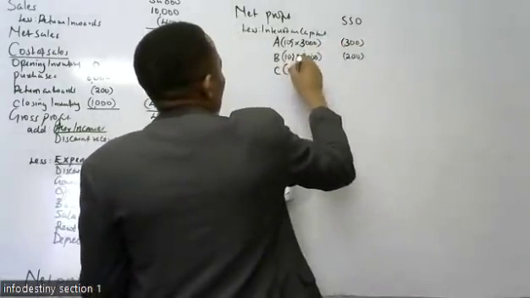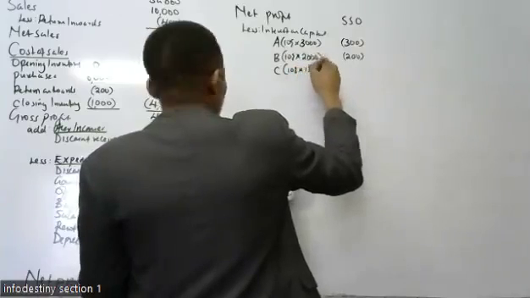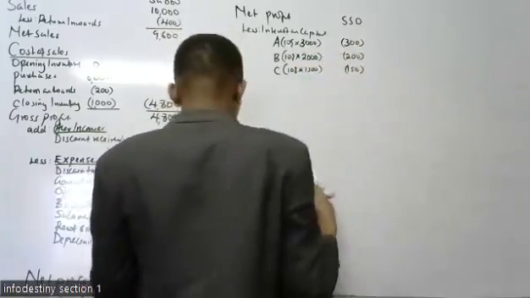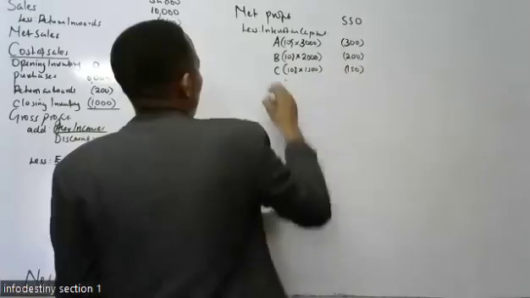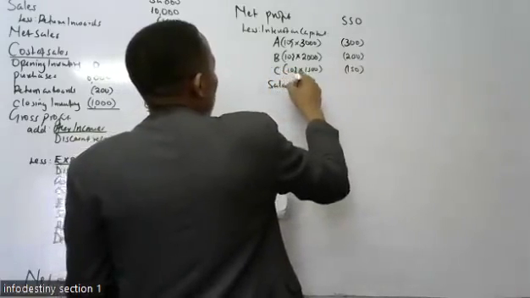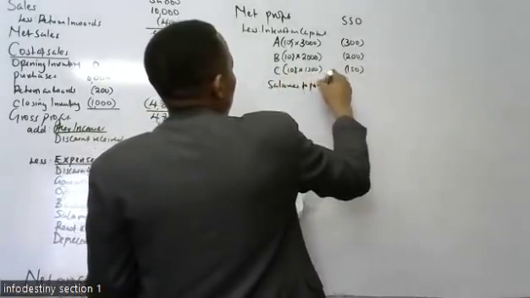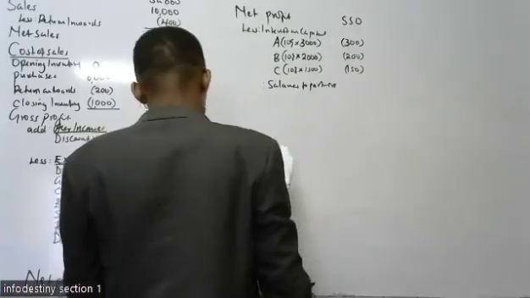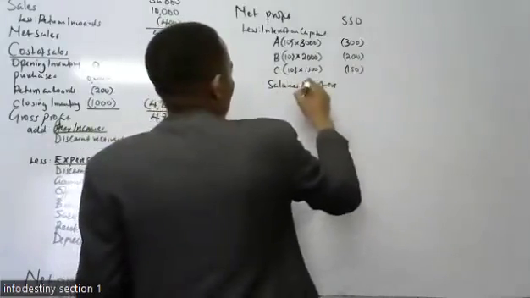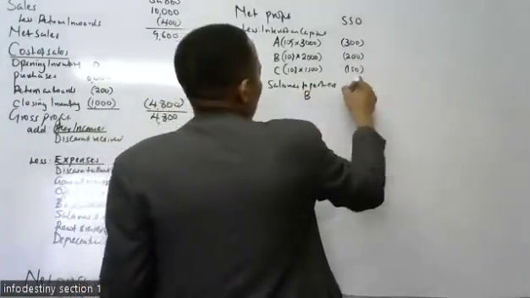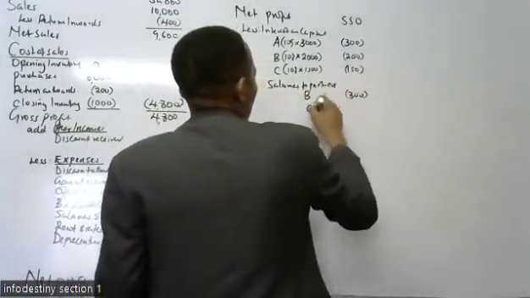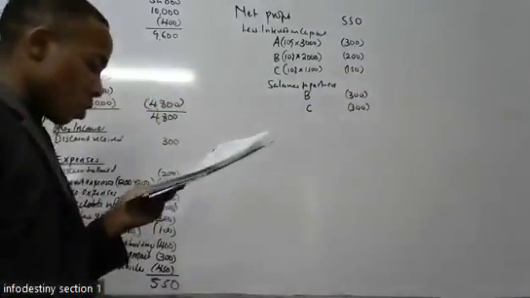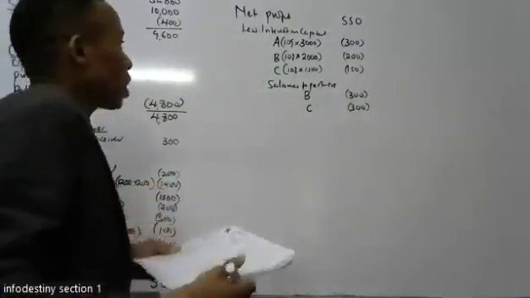Then we have Christine 10% of 1,500, which is 150. And also we have salaries to partners. Below salaries, the salaries to partners. And we have Ben and Carol who are paid salaries. So we have Ben 300 and Carol 300.